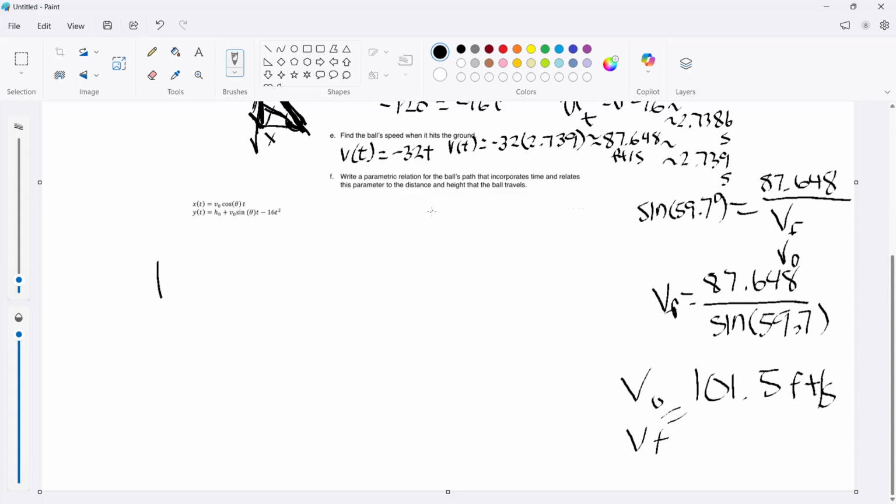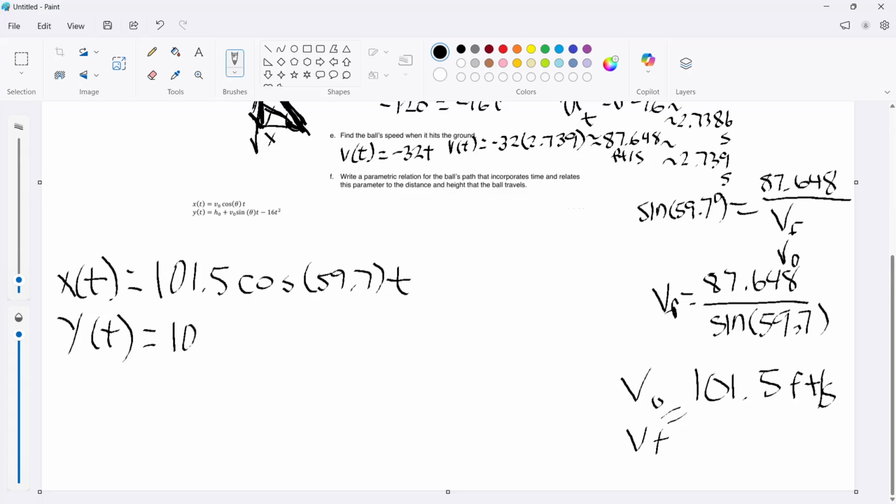So this is going to be 101.5 times cosine of 59.7 degrees times t. This is the x parameter. And then the y parameter is going to equal 101.5 sine 59.7 degrees times t minus 16t squared.